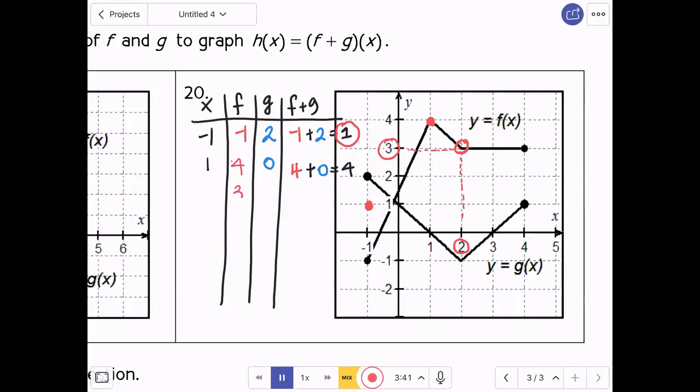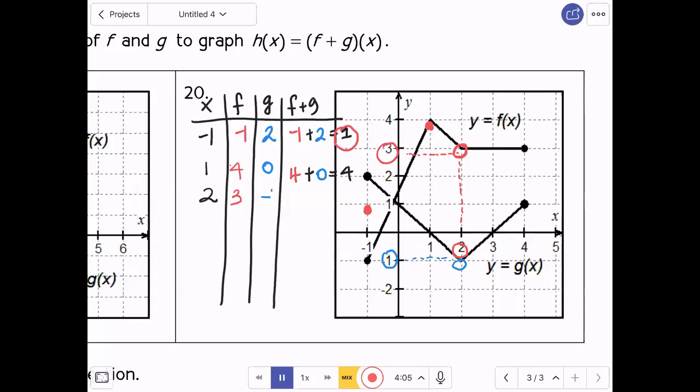So I'm putting 3 where x is 2. Let's do the same for my g function. At 2, here is my g function, and at that point your y value is -1.